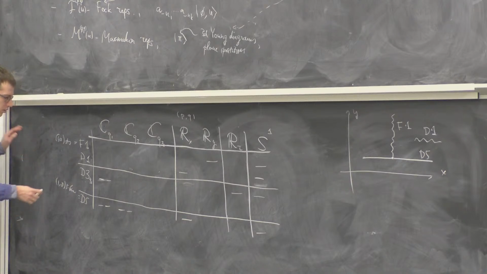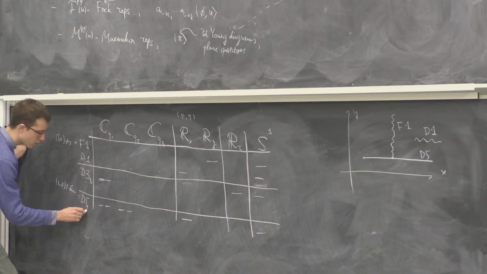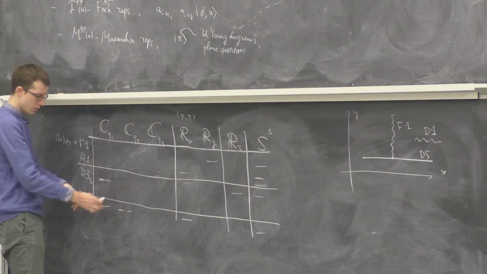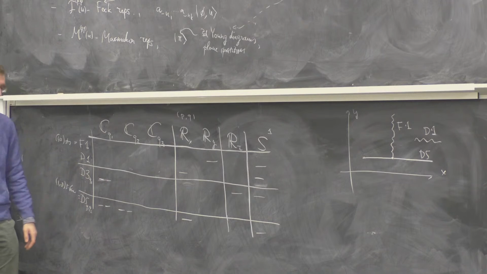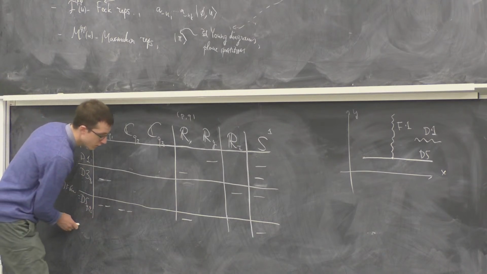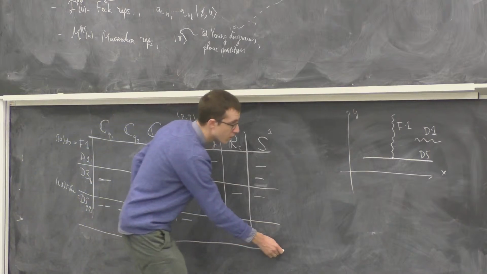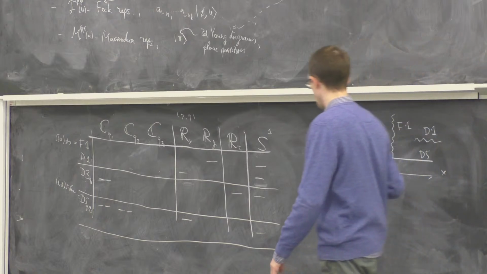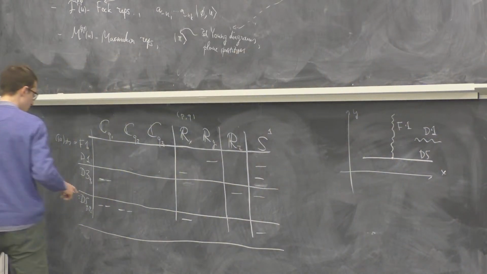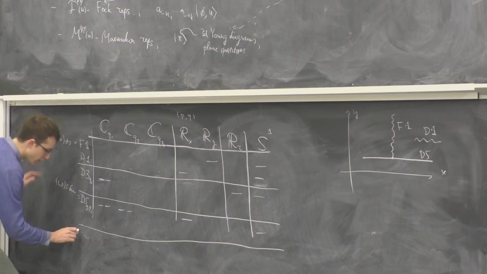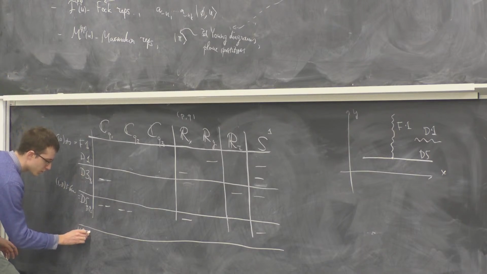That's the next thing I'm going to say. This one is Q1, Q2 because it spans Q1 and Q2. And there are, of course, two more types of D5s. So here I should also ensure that, okay, well, that's the next thing. There are NS5s.